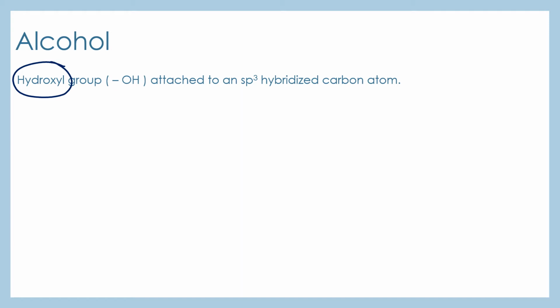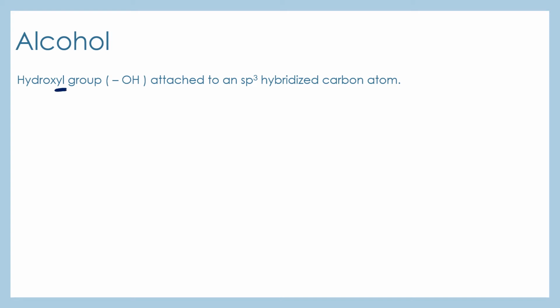In Gen Chem 2, you are used to talking about hydroxide, the anion. So notice that the formula of these is the same, right? It's an OH group, and this anion was called hydroxide. When the OH group is a substituent on a hydrocarbon, it is called the hydroxyl group.